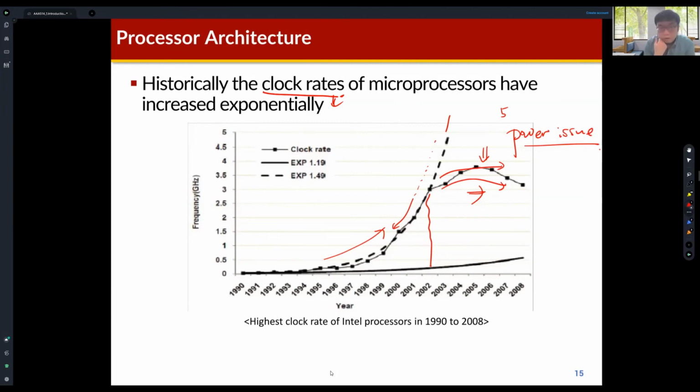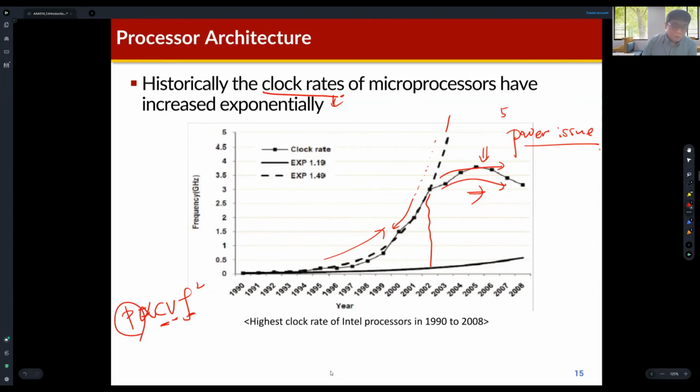Because semiconductor technology is advancing, we may manufacture very fast CPUs, running with very high frequencies. But P is proportional to C V squared F, where C is the capacitance, V is the voltage, and F is the frequency.